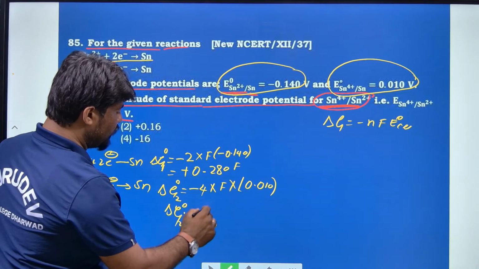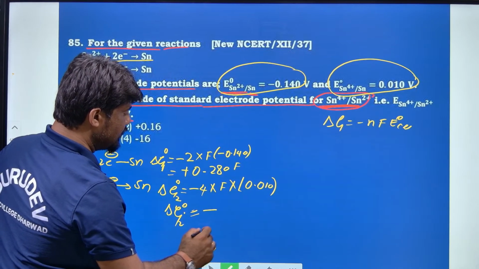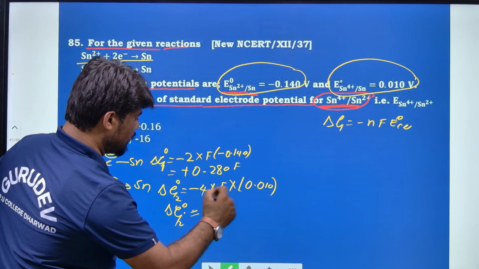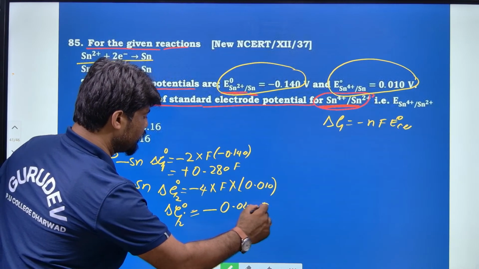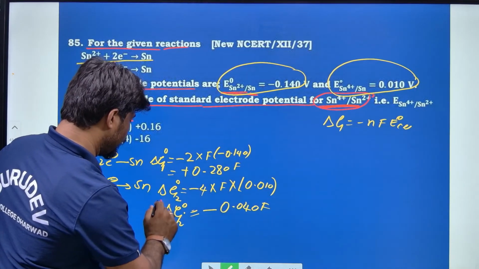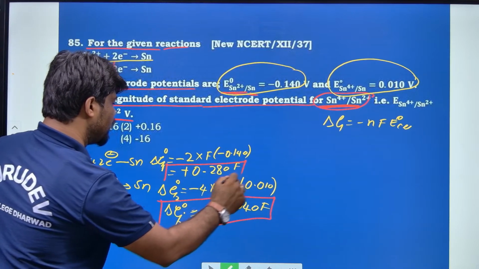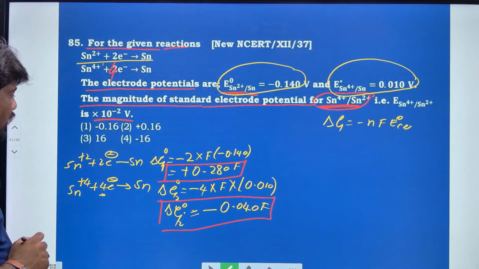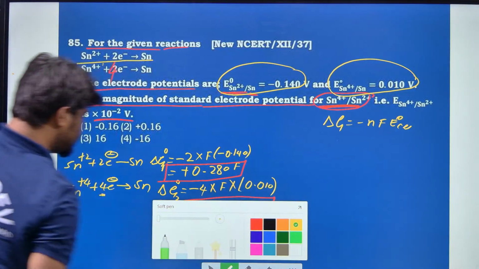So G2 will be minus into minus, just multiplying, 0.040 F. So these are the values of G1 and G2. We should remember the value of this one and this one. Now I will go for delta G3.